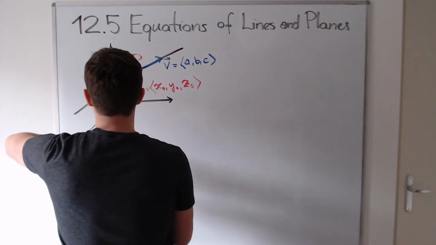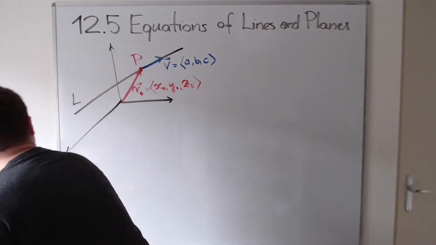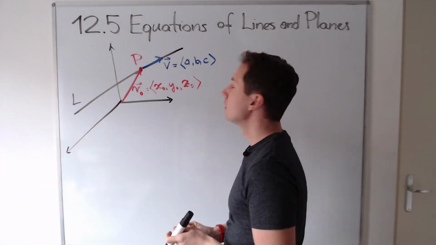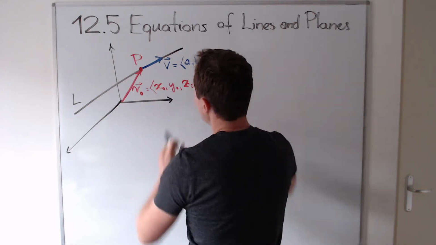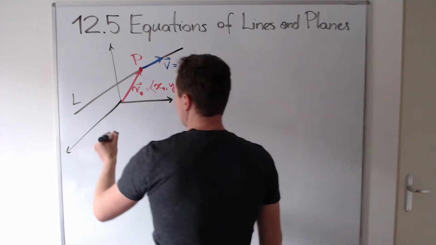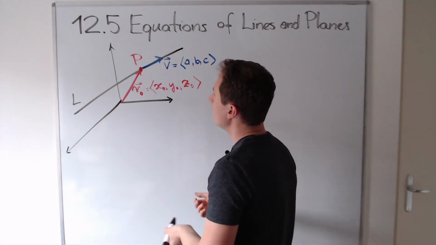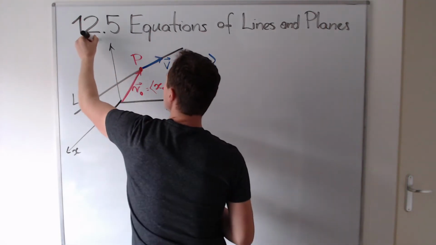This is your line L, and v gives you the direction of the line. With these data you can actually formulate an equation for any point on the line. It's a parametric equation, meaning that there is a parameter in there.